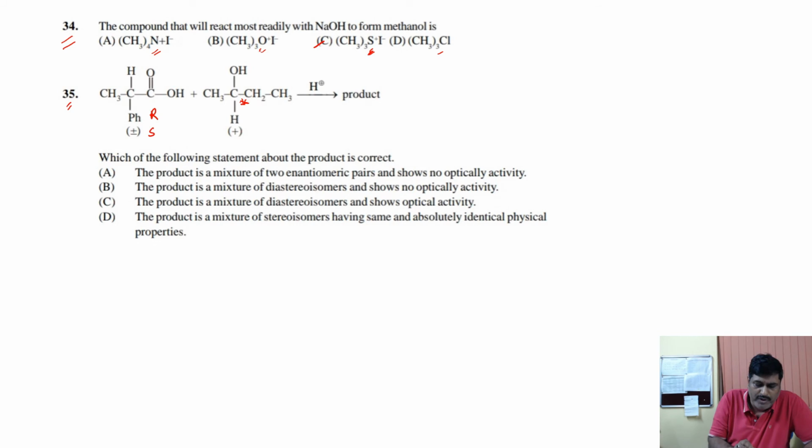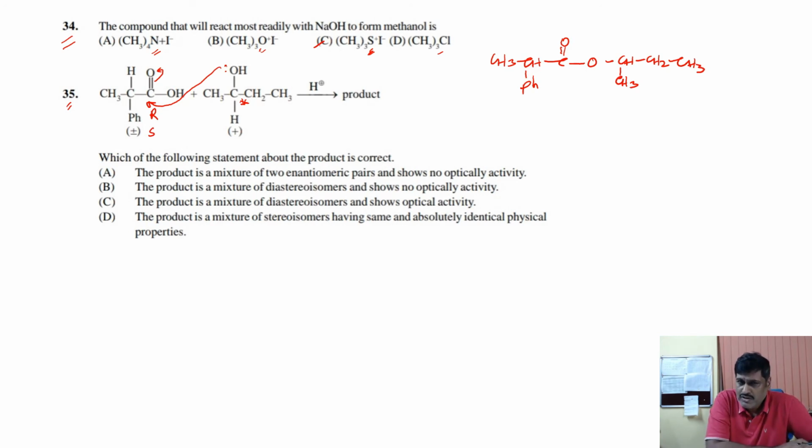So you know it very well that when this alcohol attacks over this acid, the ester forms, and what ester will form, you see that I write here CH3CH, Ph, C double bond O, and there O, CH, CH3 and CH2CH3. This ester forms.